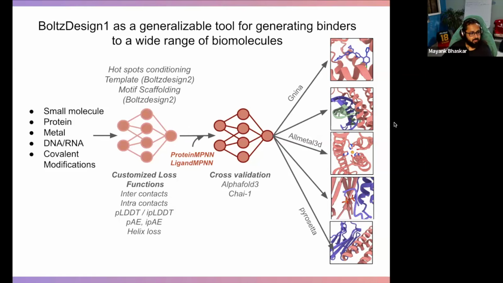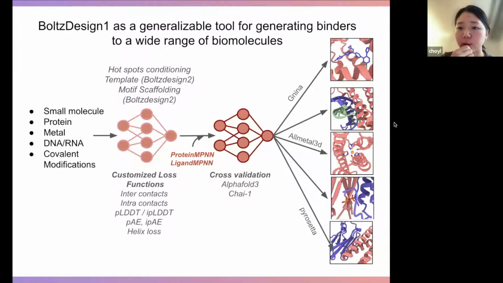And for the hotspot conditioning template, you had certain features from BoltzDesign that were used. Did the mixing improve your results in the pipeline? It depends on what you want to optimize. If you want to generate a binder that binds to a certain interface of the target, definitely conditioning. Conditioning means adding a diffusion potential.